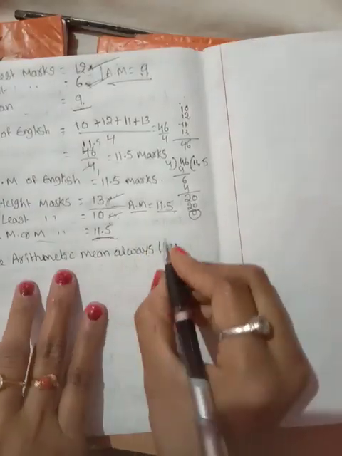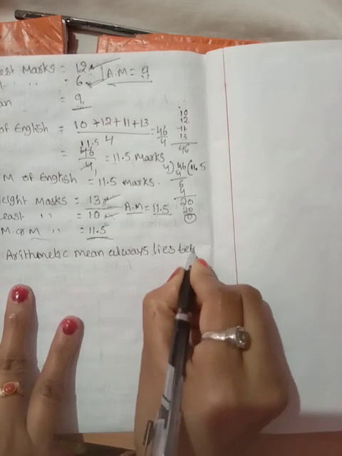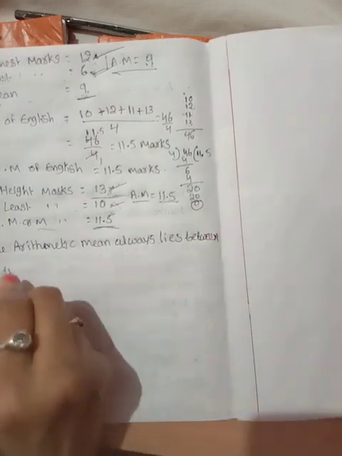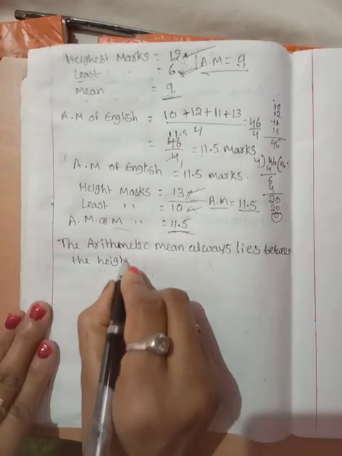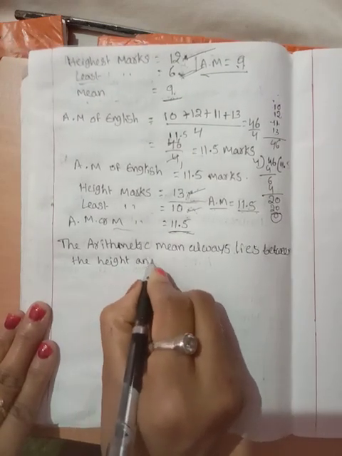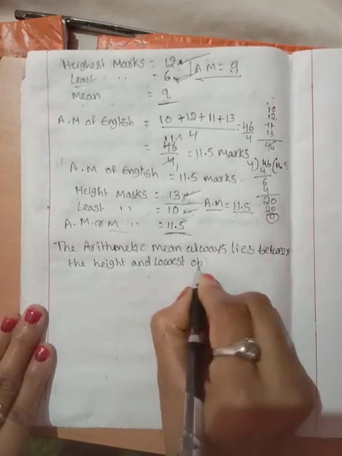What is the definition? You can write it here. Arithmetic mean lies between the highest and lowest observations.